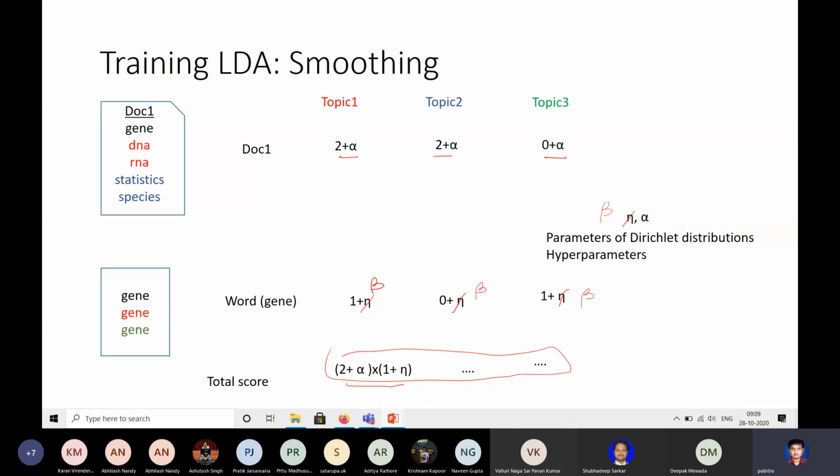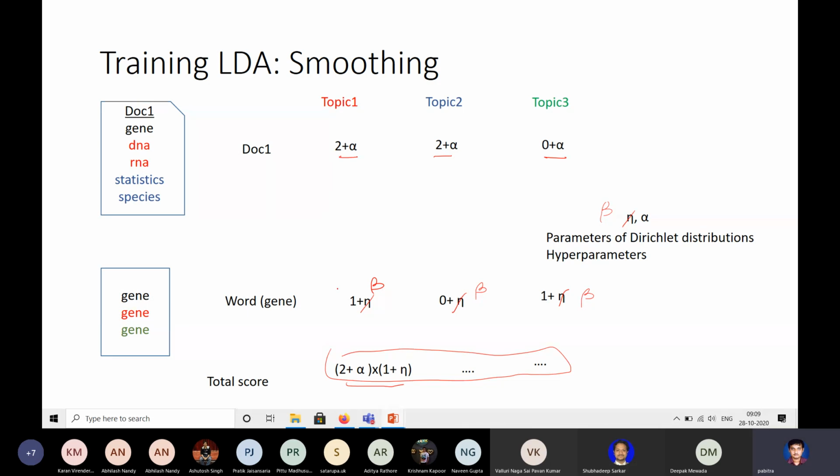You take a corpus, start with a random coloring of the words, and do not color the first word in the first document, and compute these values, the proportion of topic 1 in doc 1, topic 2 in doc 1, topic 3 in doc 1, and the proportion of these words, topic 1 in word 1, topic 2 in word 1, and so on.